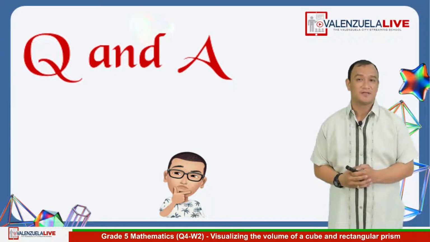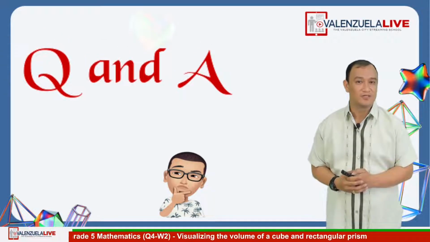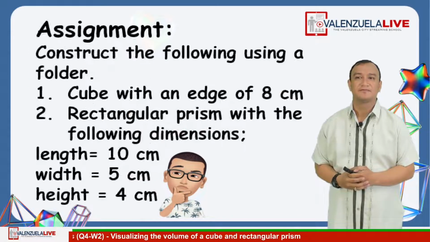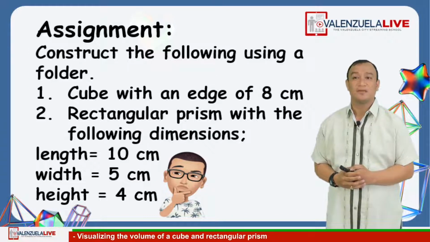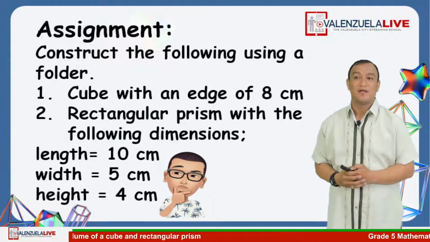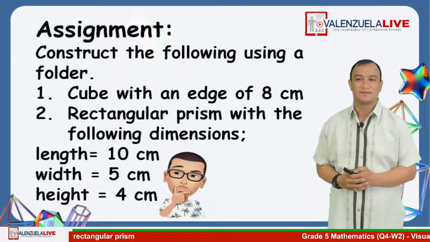And since we don't have any questions, let me remind you of your assignment. Construct the following using a folder. For number 1, a cube with an edge of 8 centimeters.